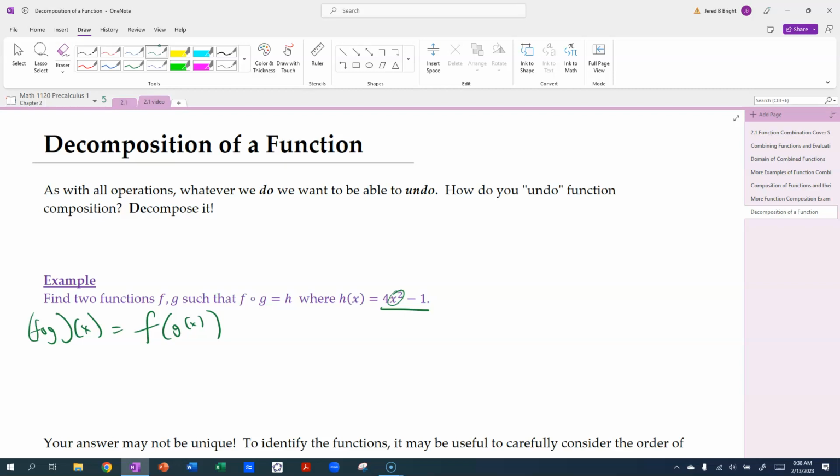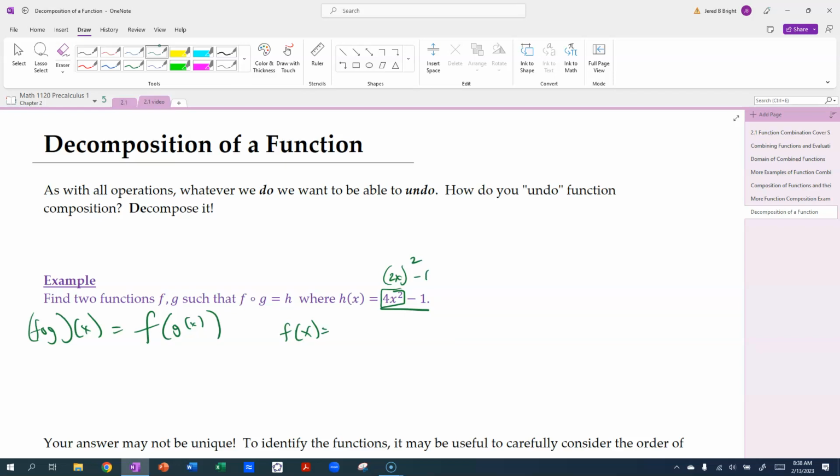So maybe I could say that f of x is something squared. What would I have to square to get to 4x squared? Well, that would be 2x. So I could really view this as 2x all squared.